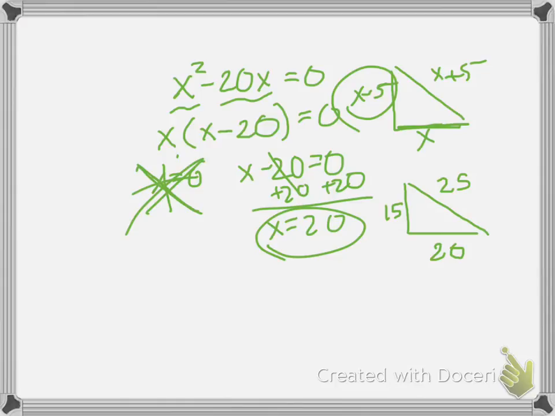Now I can check Pythagorean's theorem and see if it works. Is 15 squared plus 20 squared going to be the same as 25 squared? You can do that on your calculator. What you're going to find is this side equals 625 and this side equals 625, and then you know you're right. So hopefully this video helps you.